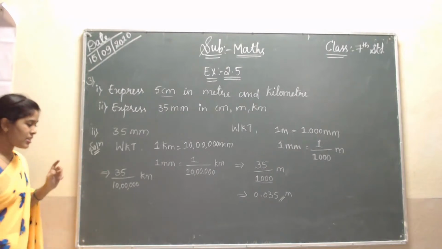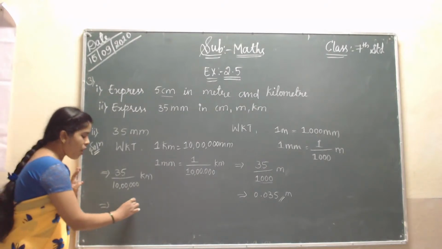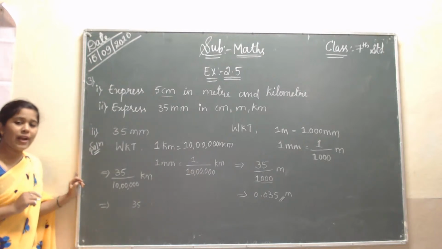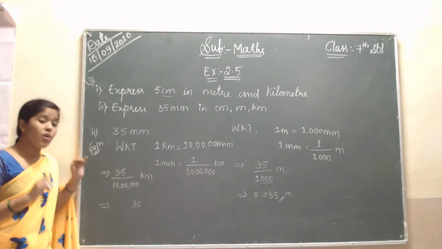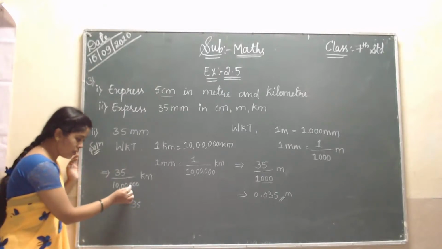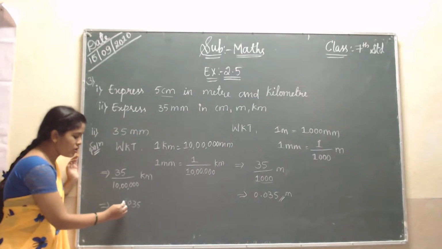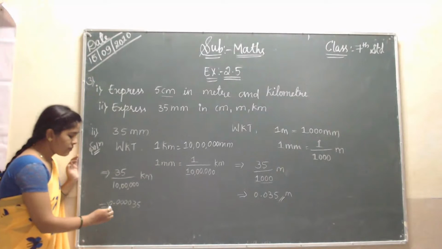So we have only two numbers, 3 and 5, and we have to add how many extra zeros? 4 zeros, because there are 6 zeros and we already have 2. So we have to add 4 zeros: 1, 2, 3, 4, then point.